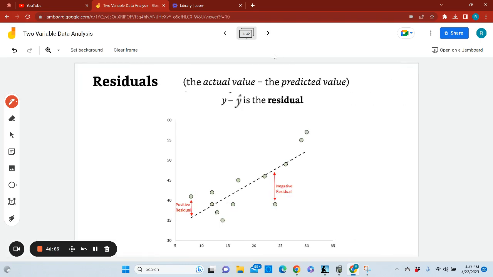All right. A couple more things we have to touch on. One is the idea of a residual. Okay. When you are calculating a residual, it's an actual data point value minus what my regression line predicted, right? So actual data points are represented by Y, right?